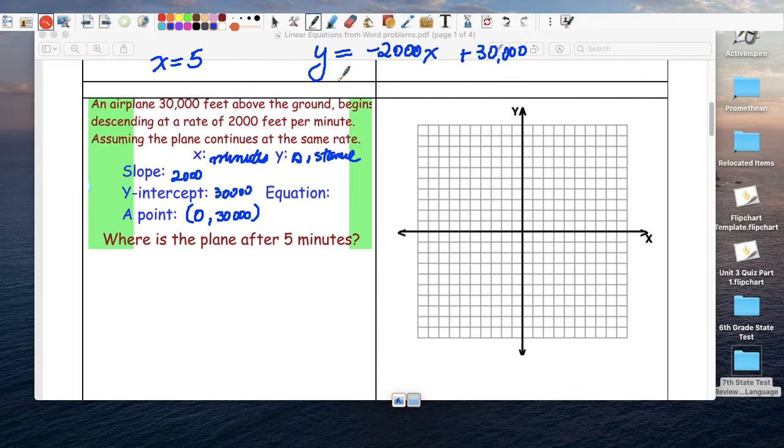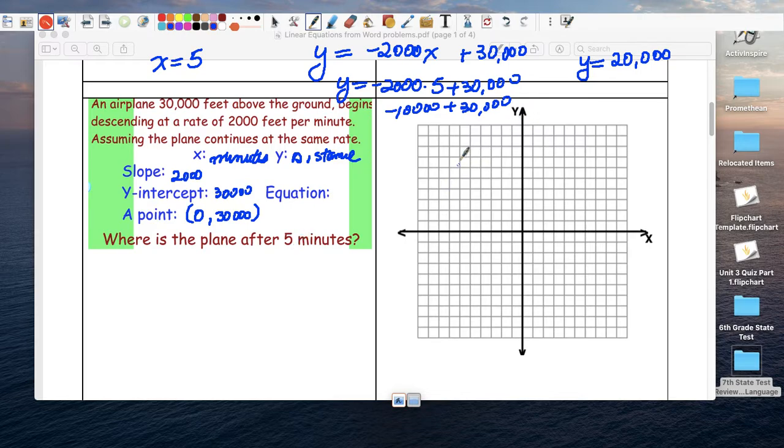So if we plug it in, we get y equals negative 2,000 times 5 plus 30,000. Negative 2,000 times 5 is negative 10,000 plus 30,000. And we're going to get that y, our distance, the airplane above ground, he's going to be at 20,000 above ground.